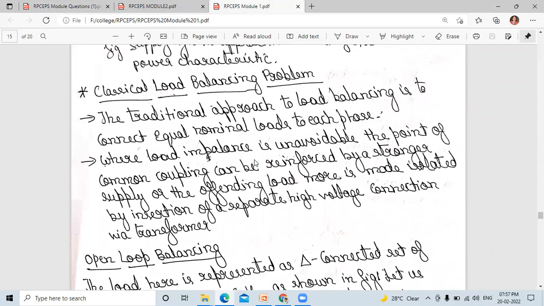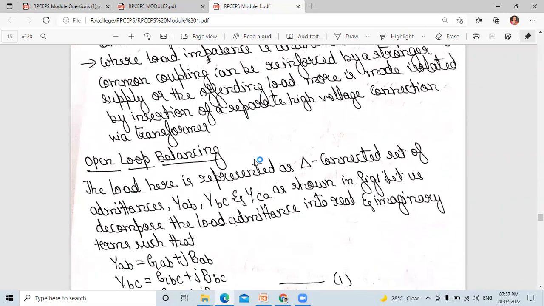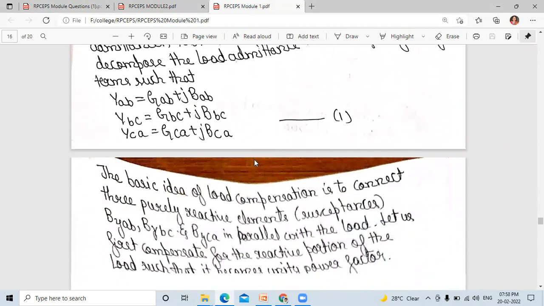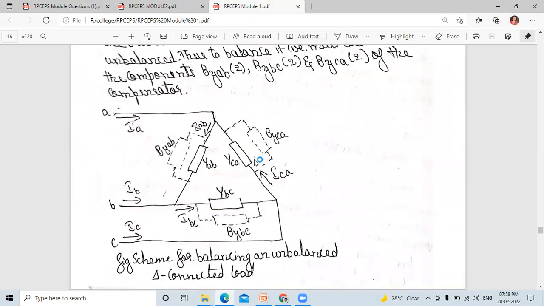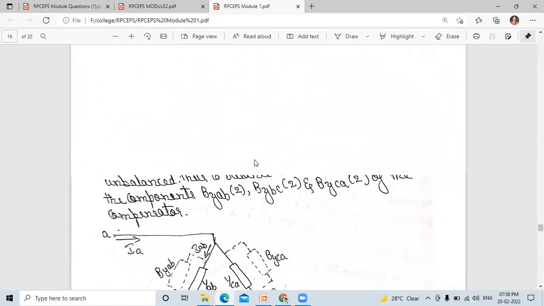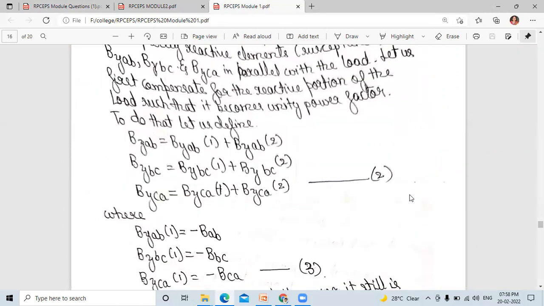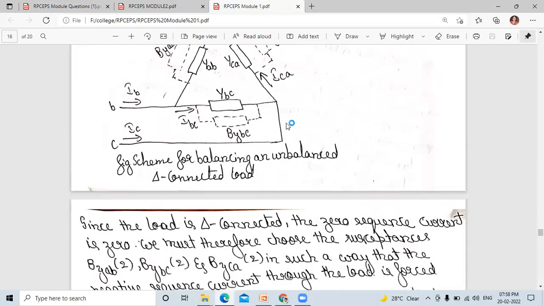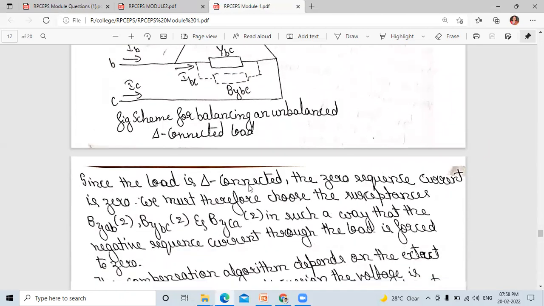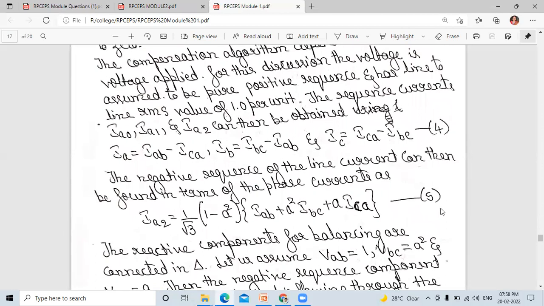Open loop balancing is there in your syllabus, so read that only. Here you need to write the figure and the equations. There are so many equations for this. You need to write equation 1, equation 2 and equation 3. You need to draw the circuit scheme for balancing and unbalancing delta connected load, and equation 4, 6.